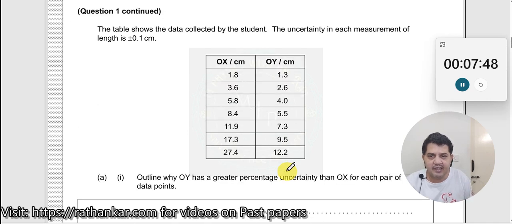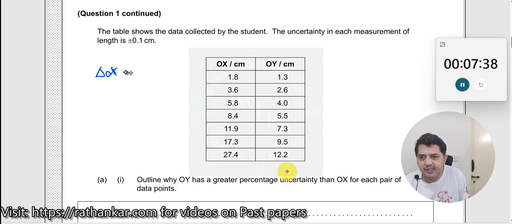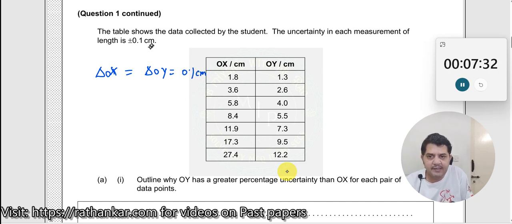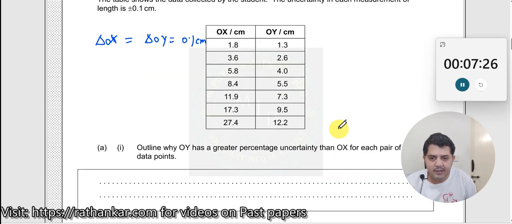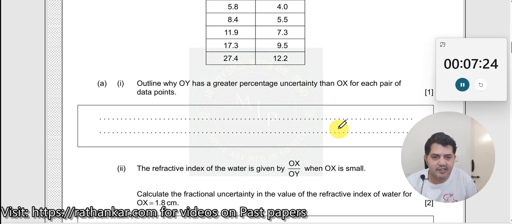The table shows the data collected by the student. Uncertainty in each measurement of length is plus or minus 0.1 centimeter. Which means delta OX is equal to delta OY is equal to 0.1 centimeter. Because it's centimeter, I can easily realize this should be an absolute uncertainty, not a relative one. Outline why OY has a greater percentage uncertainty than OX for each pair of data points.